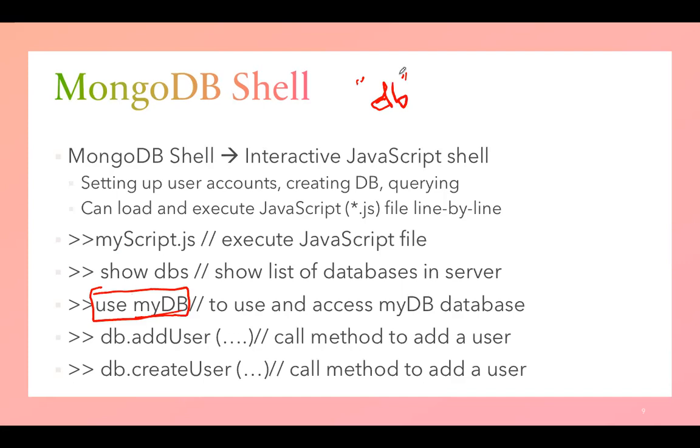For example, if you want to access the collections within this MyDB, this particular command will instantiate a database object, or database handler, in other words, that points to this particular database. Then if you just use some sort of path expression, dot my column, it will give you access to the my column that is under this MyDB.